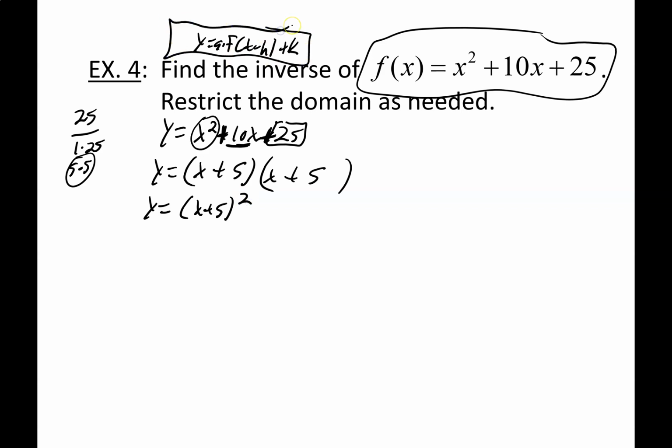So now we have it written in that good form, that vertex form, or transformation form, I've heard it called as well, that's going to let me graph it. So looking at this, what I have is an x plus 5 in parentheses, so it's on the inside. So I have a horizontal shift.